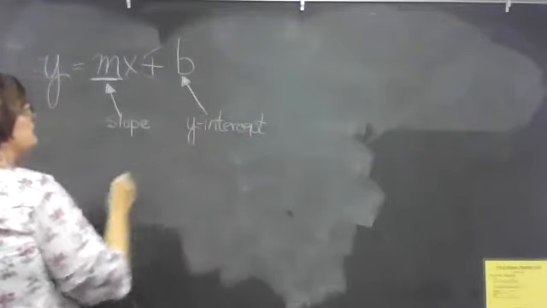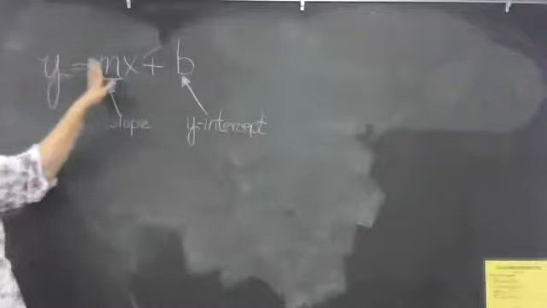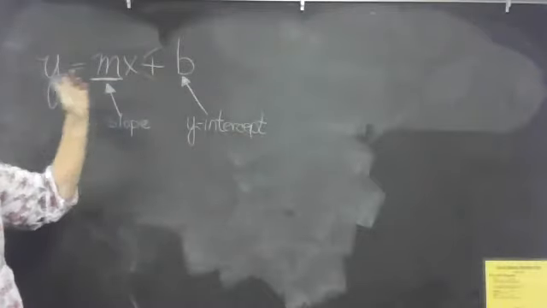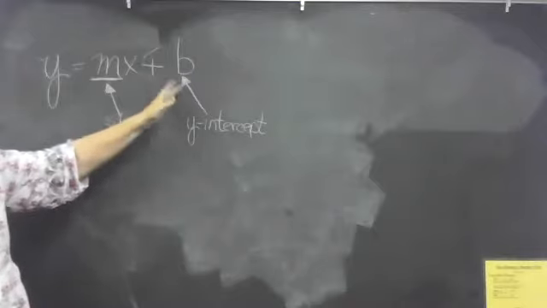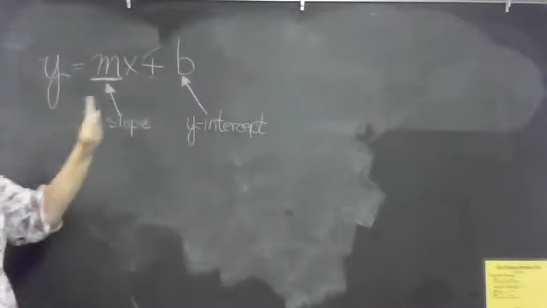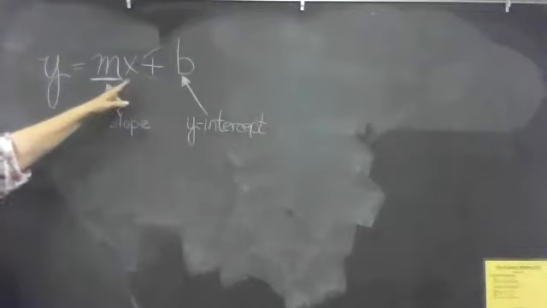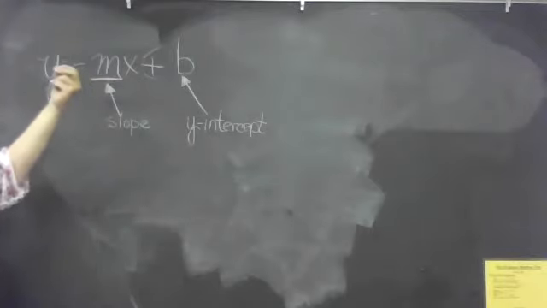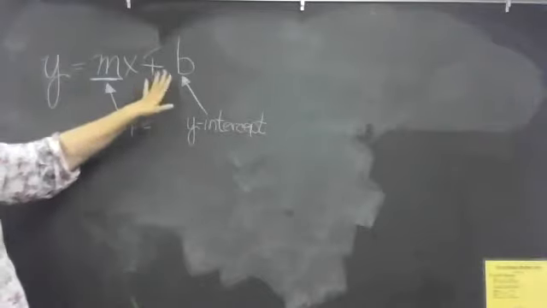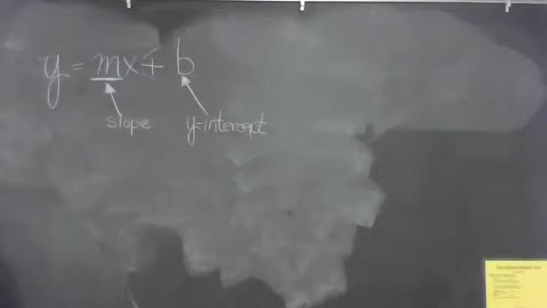We're going to use this form of the equation of a line a lot, okay? So the number that's in front of the x, the coefficient here, will always just be the slope. You just have to write it down. And this number, including its sign, will be the y-intercept, okay?